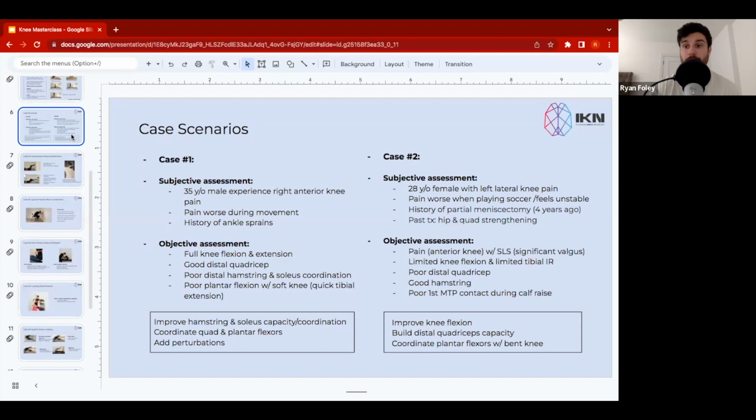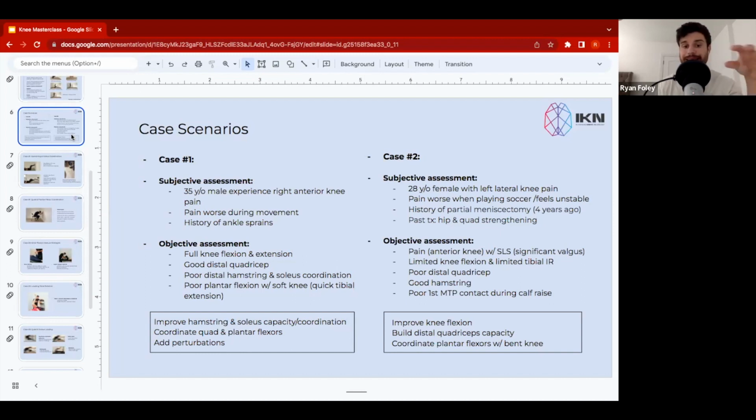Could be the distal quadriceps' inability to maintain that tibial flexion. Could be the distal hamstrings and proximal gastrocnemius, their inability to decelerate that knee extension. Could be the soleus and gastroc's ability to bring that load into the metatarsal heads, particularly the first metatarsal head, to be able to generate some extension torque via the ankle.